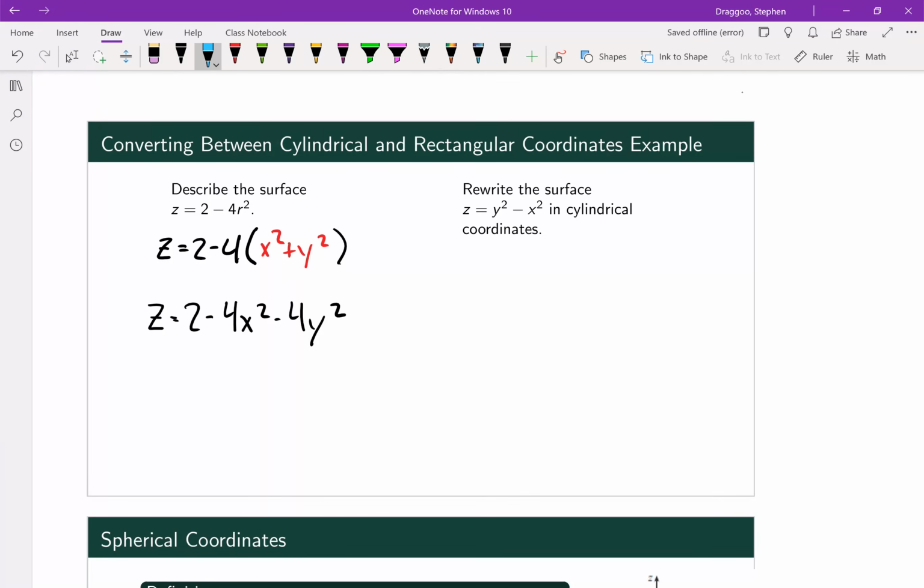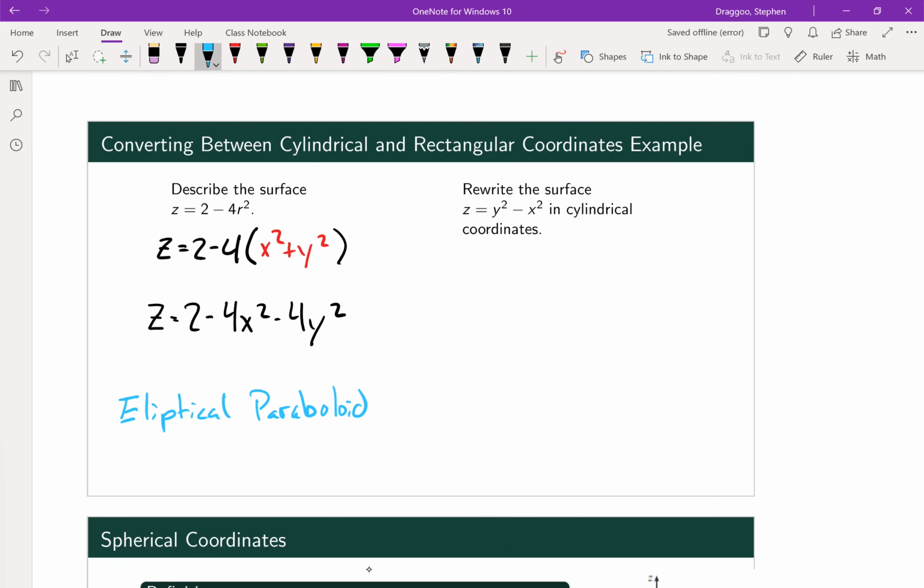Then both of our square terms have the same sign. If the square terms have the same sign, we should have some sort of an elliptical part to our surface as well. So putting those together, this must be an elliptical paraboloid.